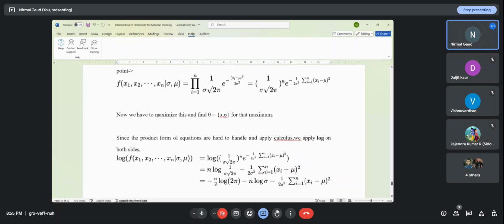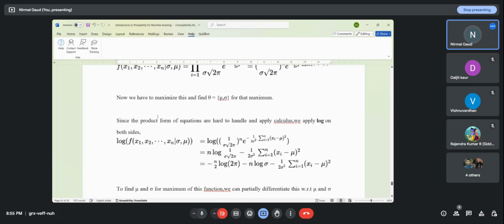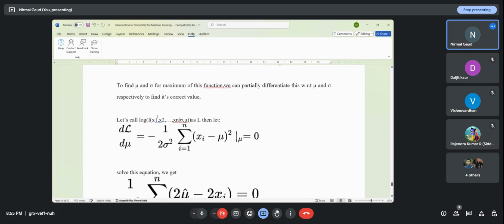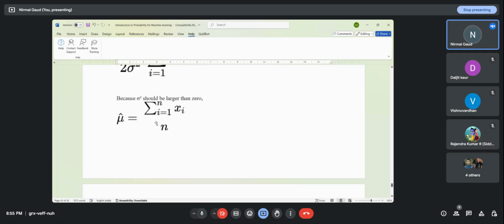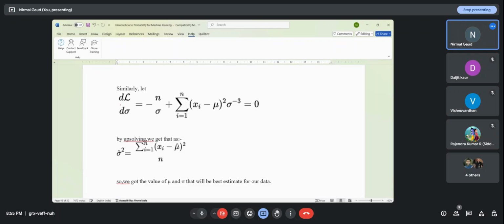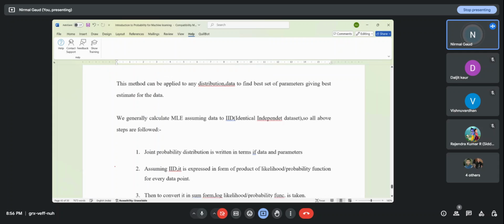They took a log and differentiated it with respect to nu, that is the mean. They equated it to 0 and found the value of nu. Then they differentiated it with respect to standard deviation and found the value of standard deviation. So this kind of math you can now do.